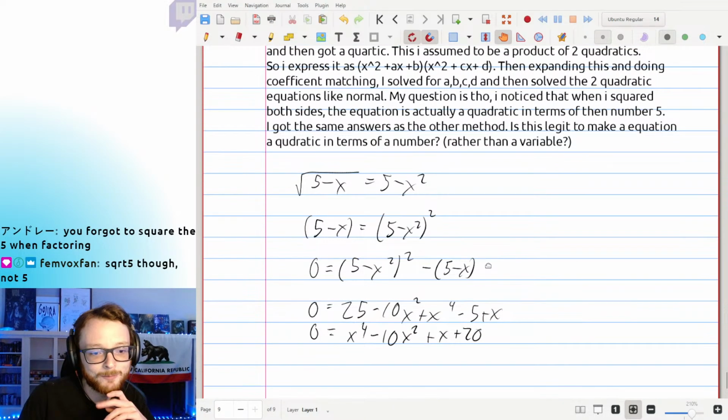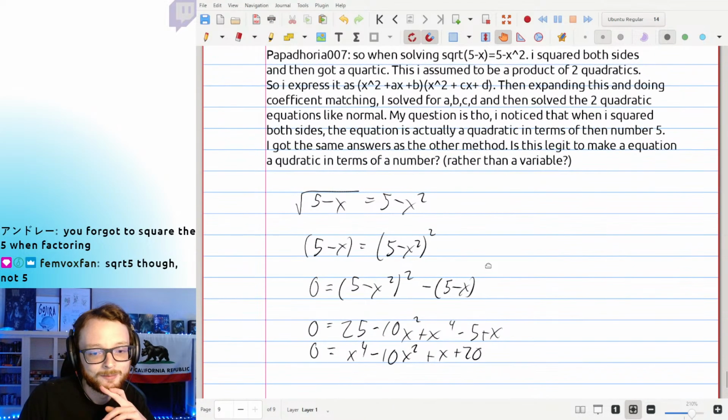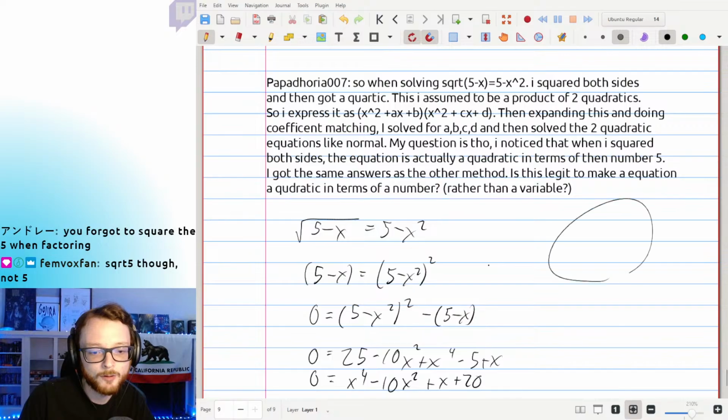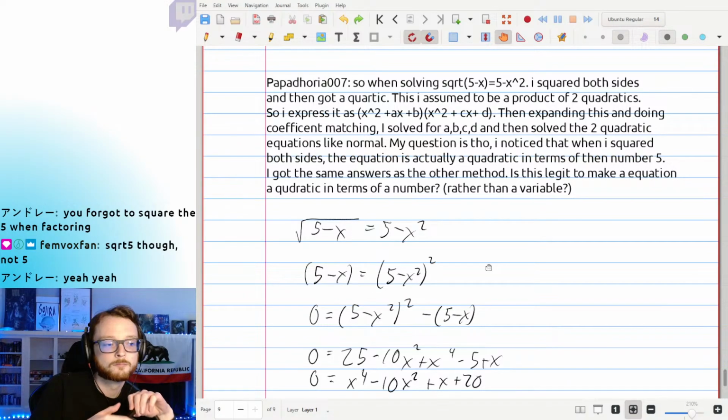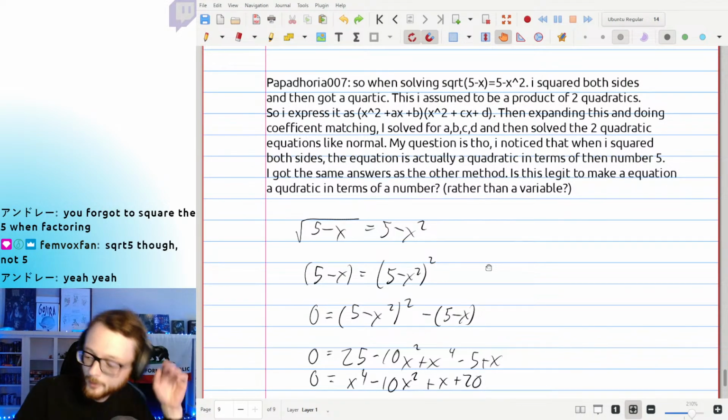I didn't square the 5 when factoring. Was that the thing that I just said that was wrong? Or did I forget another 5? Or did I forget another square? Yeah, okay, okay. Sent it? Okay.